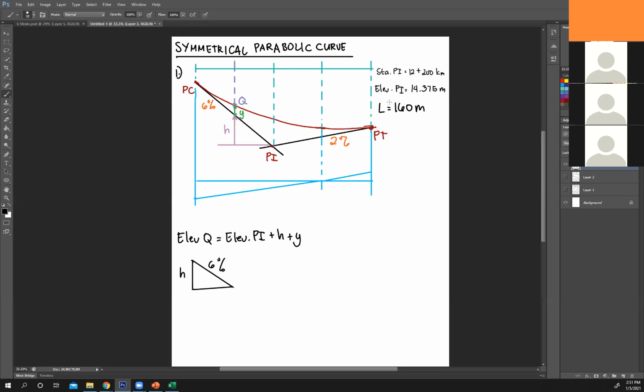Then quarter points, so it's divided by 4. So therefore, the lengths of these are 40 meters each, right? So 40, 40, 40, 40 at quarter points, since this is divided into 4. So therefore, this point to your PI is actually equal to 40.